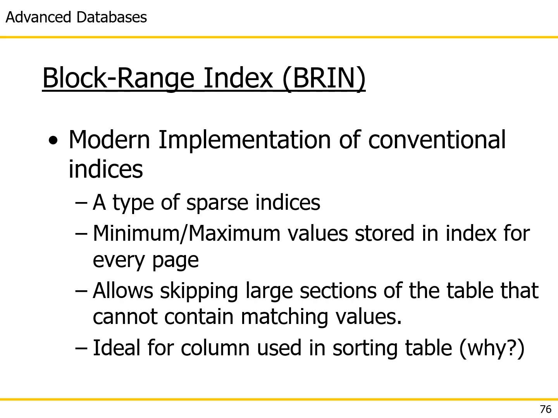So there are other indices we will study that solve this problem. Conventional indices are not there anymore, but the BRIN is the closest thing to a conventional index that we have nowadays. So it's a proper time to talk about it because this is really a twist on conventional indices, if you like.